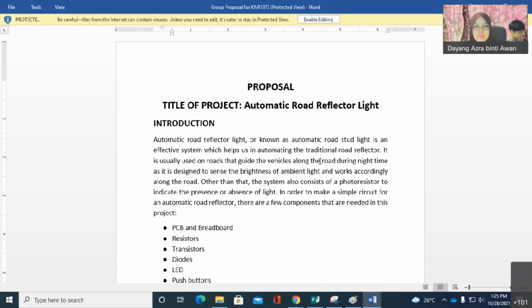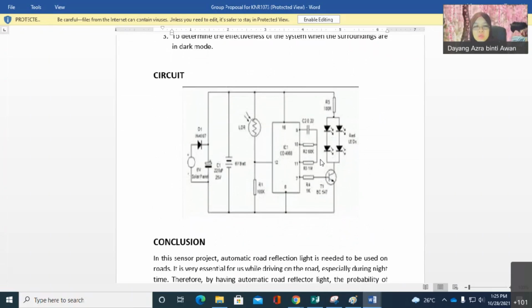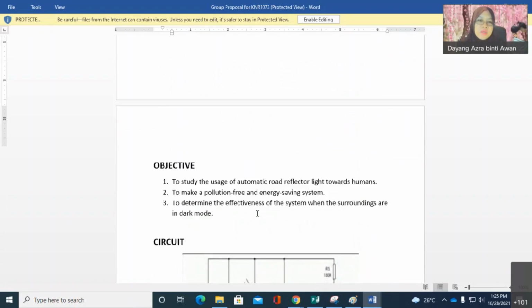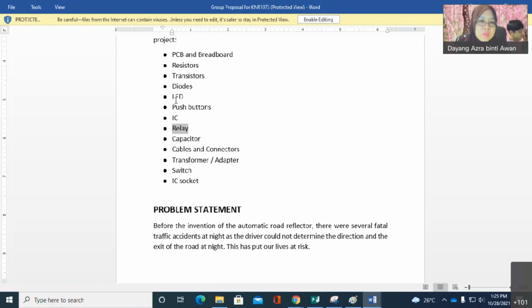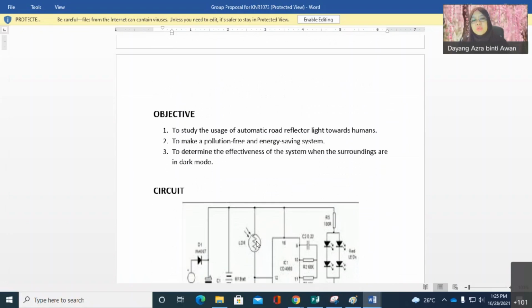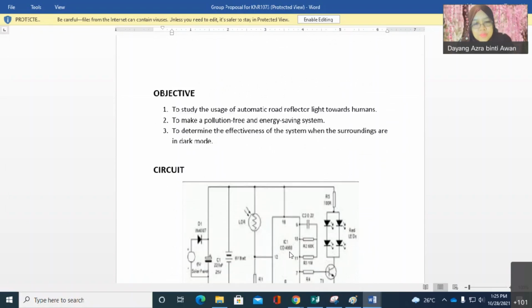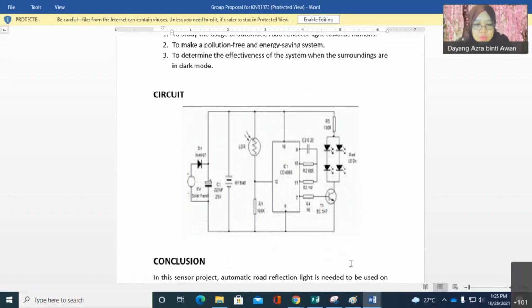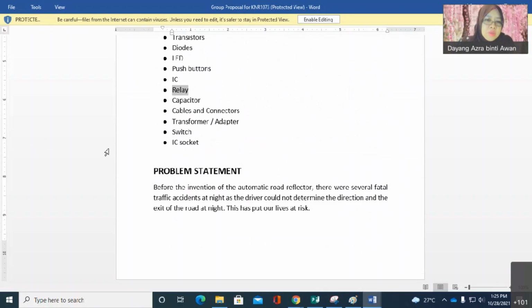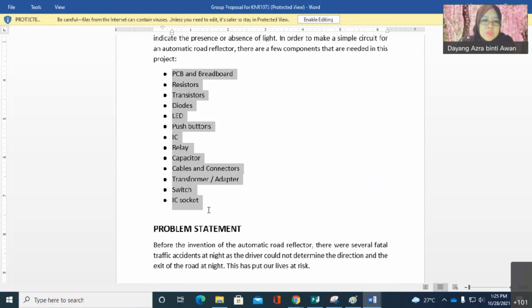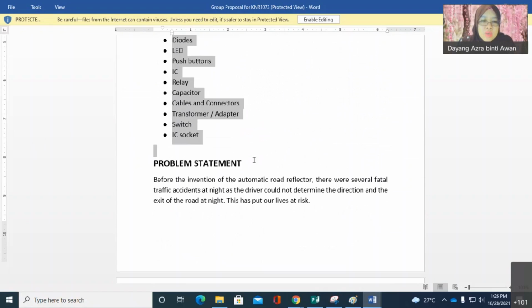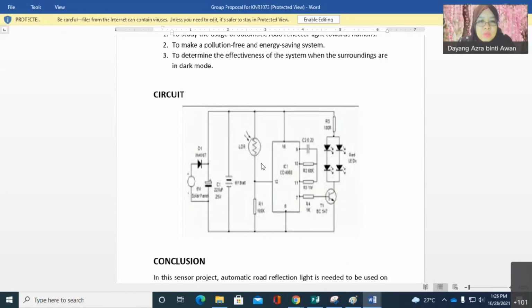Such as diode, LDR, light detector resistance. This is your sensor there. This one is also okay. Just the list of components you need to update. Put the value of all the resistors. This one, where is the LDR, you need to mention it also.